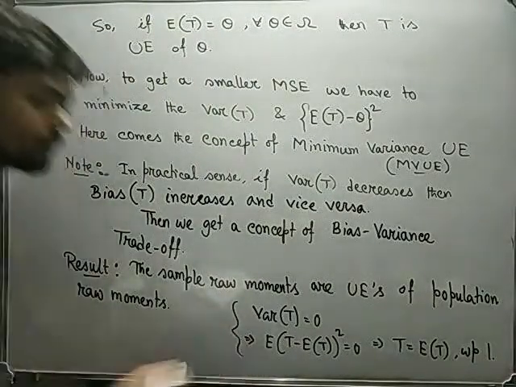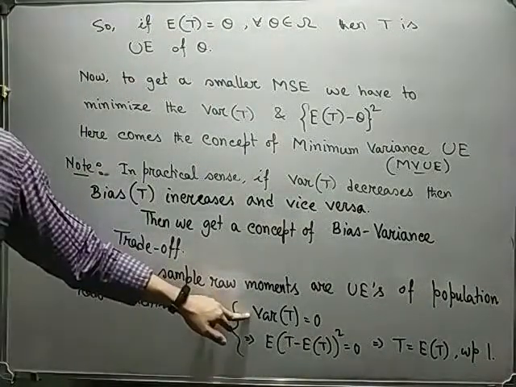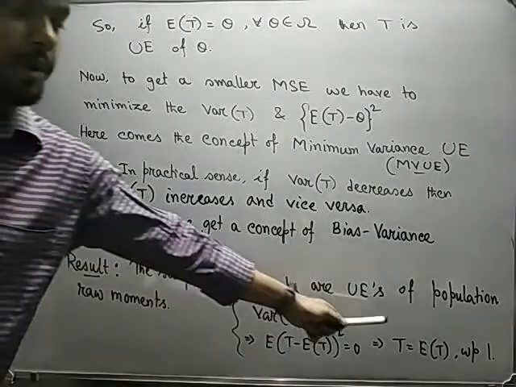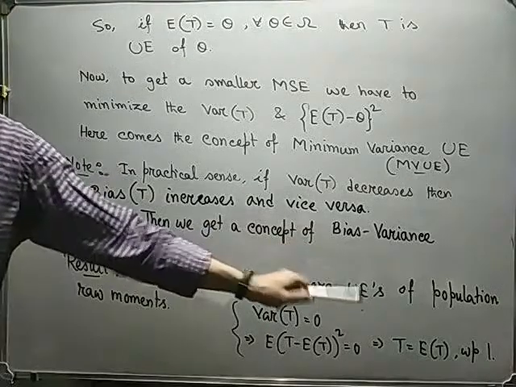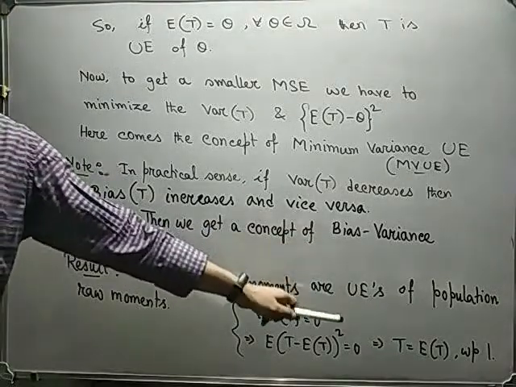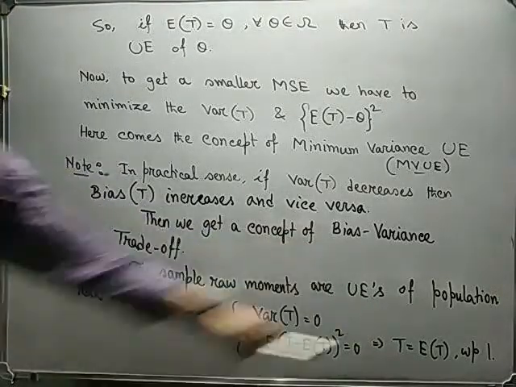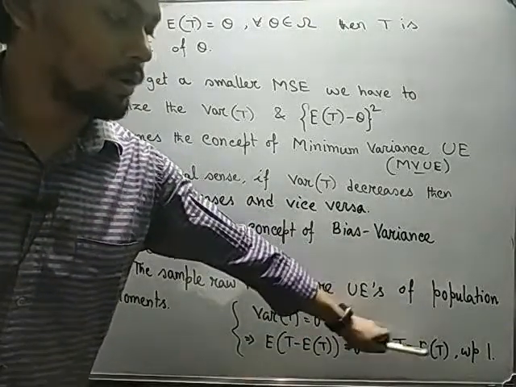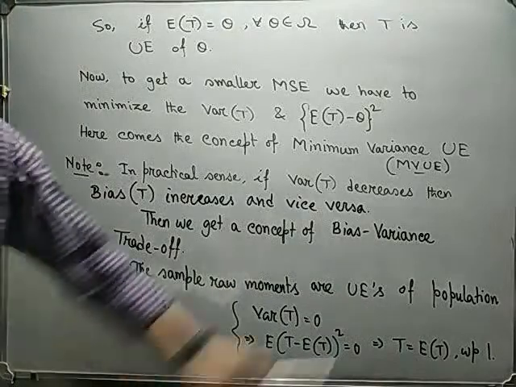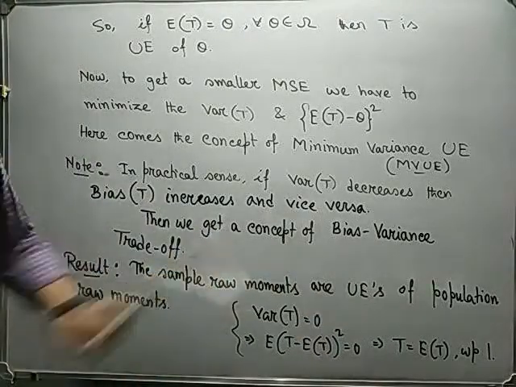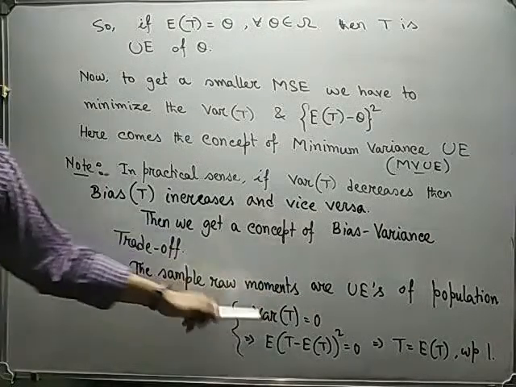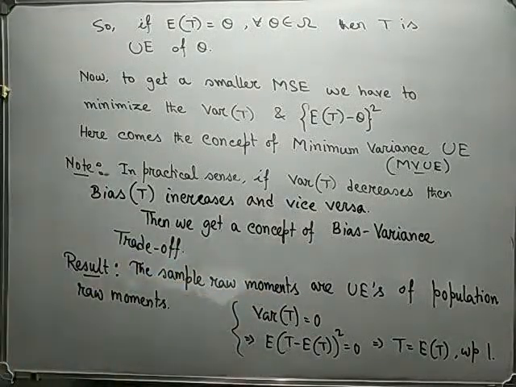That's a result. So if variance of T is equal to 0, then capital T will take only the value expectation of T, and will not take any other values. WP means with probability. But most of the time, variance of T cannot be exactly equal to 0.